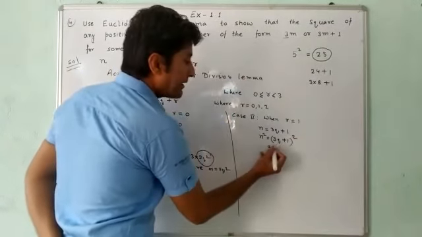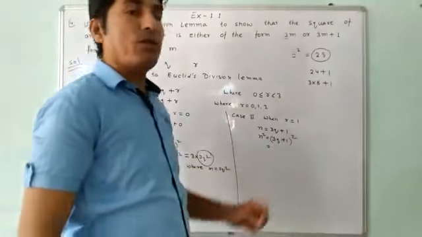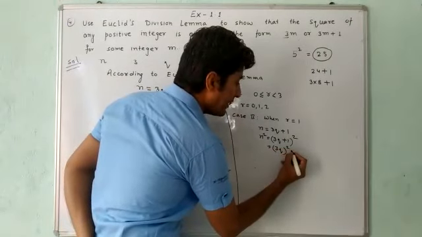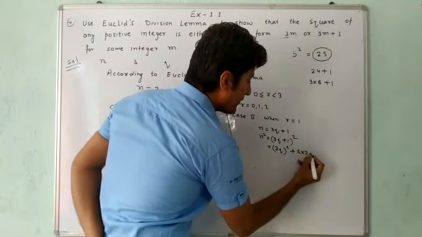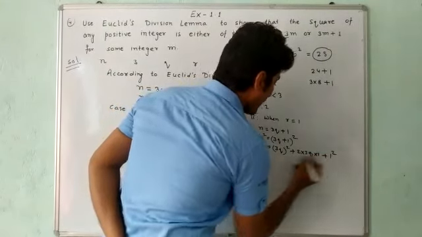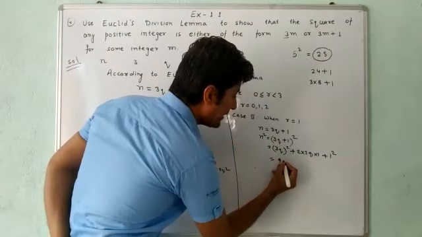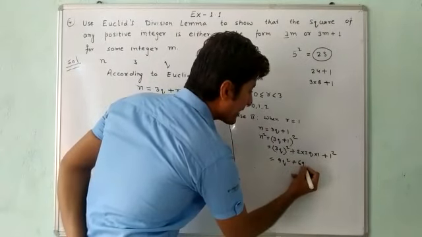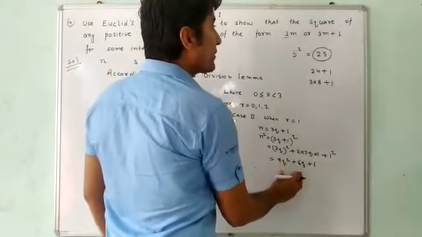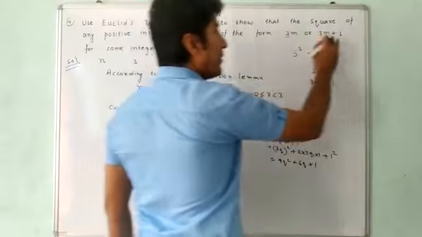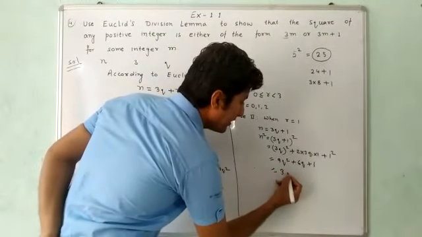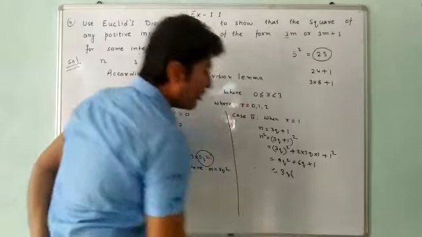Now we can expand this one. a plus b whole square, we can expand: a square plus 2 into a into b plus b square. Now this whole statement can be written as 9q square plus 6q plus 1. Finally, we have to convert this either into the form of 3m or 3m plus 1. So we can take 3q as a common factor.